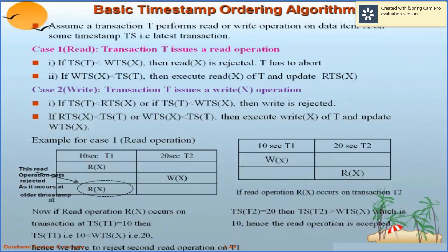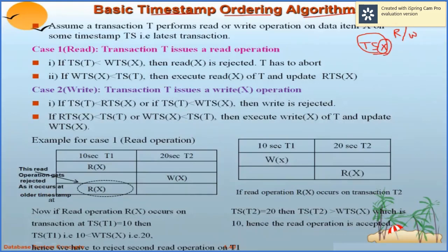To understand this timestamp ordering algorithm, first consider TS. What does it mean? TS is the timestamp of a transaction's either read or write operation. I'm not clearly mentioning whether it is for read or write. You just assume TS of X is the timestamp value of either a read or write operation.